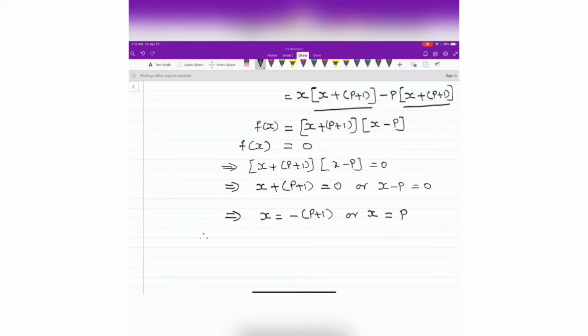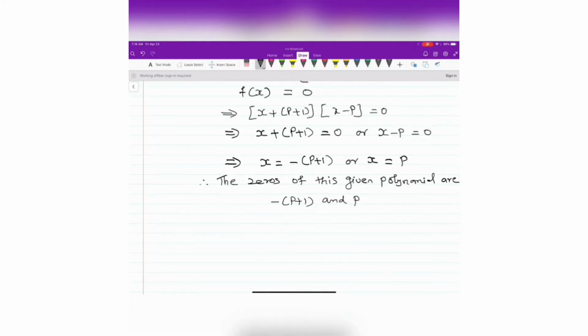So, therefore, the zeros of this given polynomial are minus p plus 1 and p. Then write your answer as you have to rewrite the same statement.